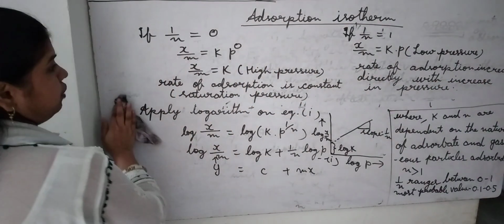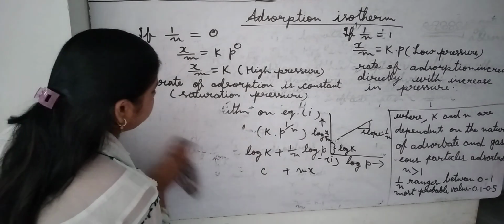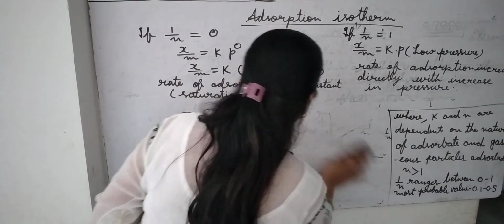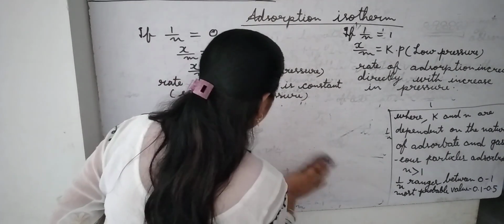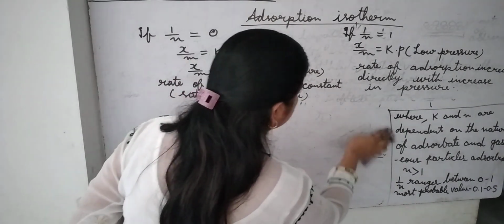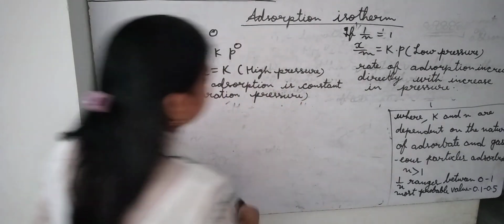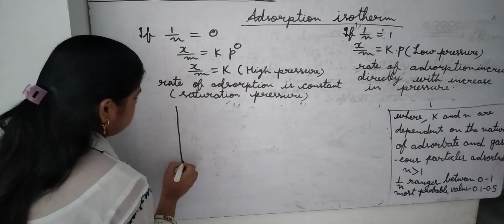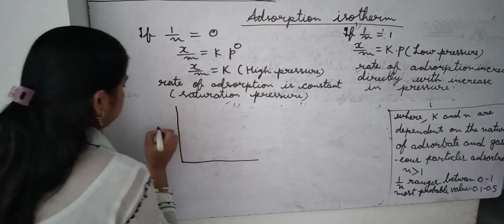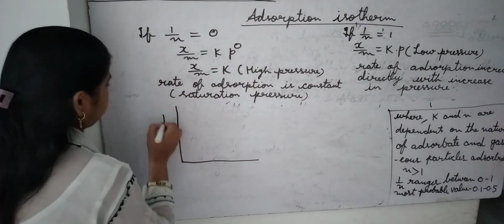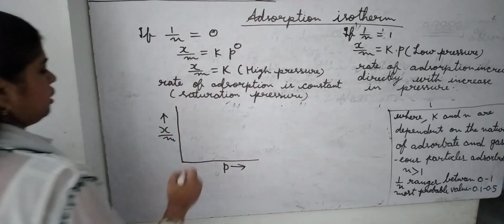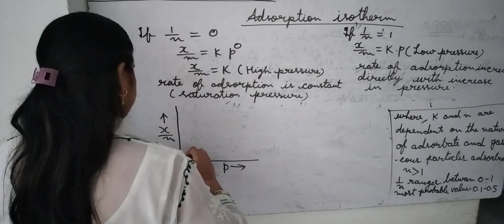So its graphical representation I am going to explain. Its graphical representation is here. This is x by m, rate of adsorption, and here this is pressure. And now we are going to explain this graph.